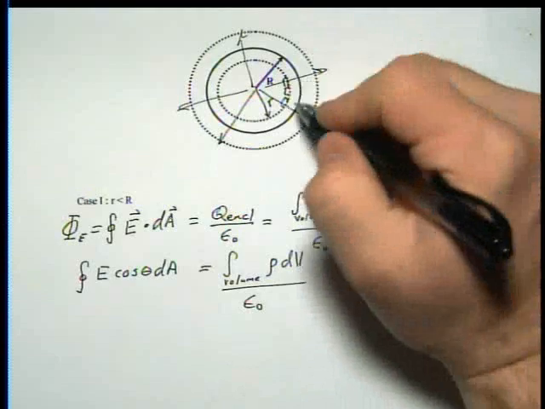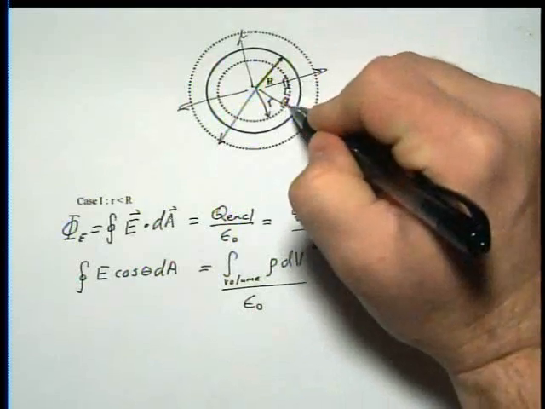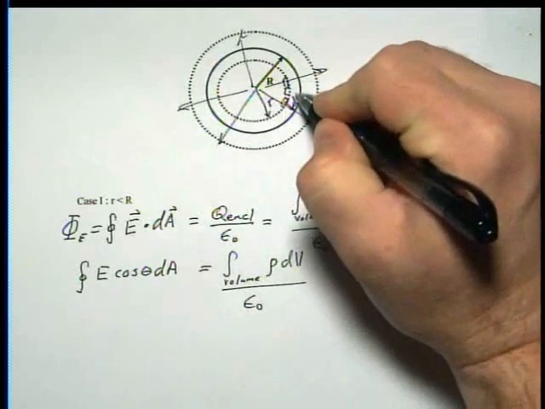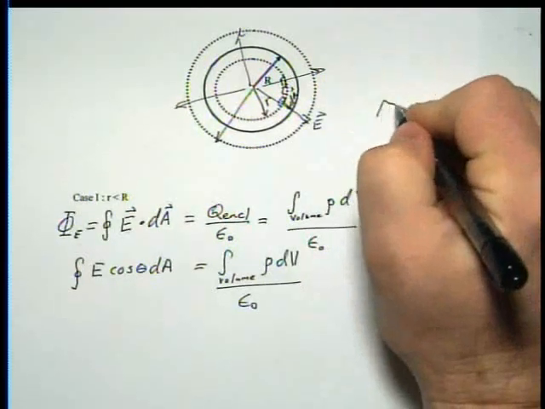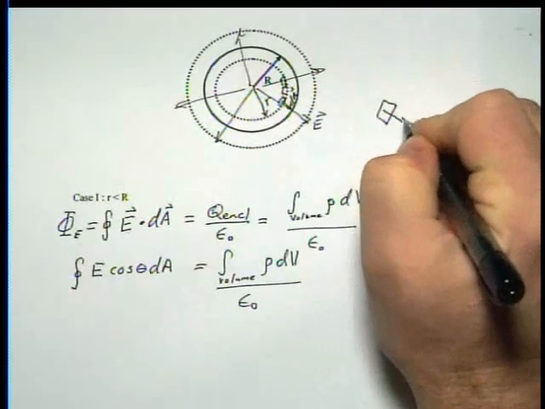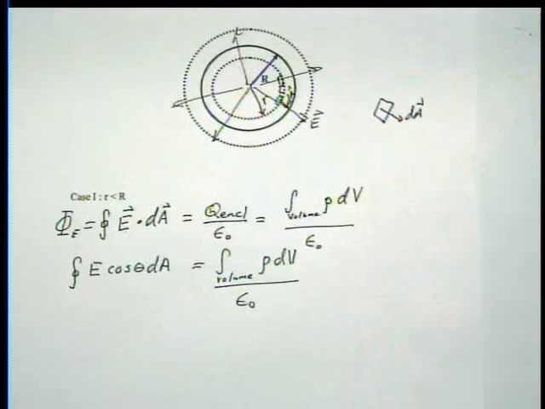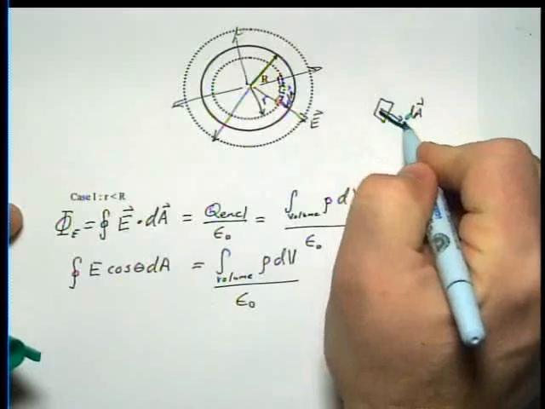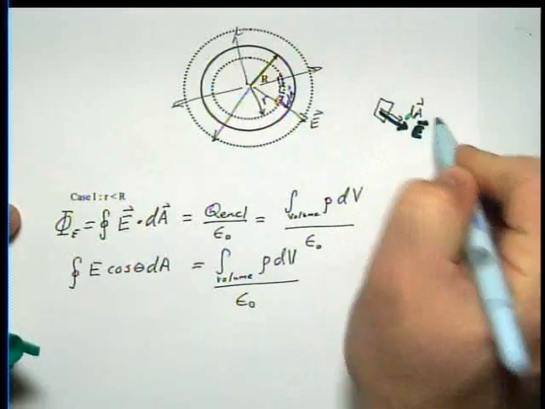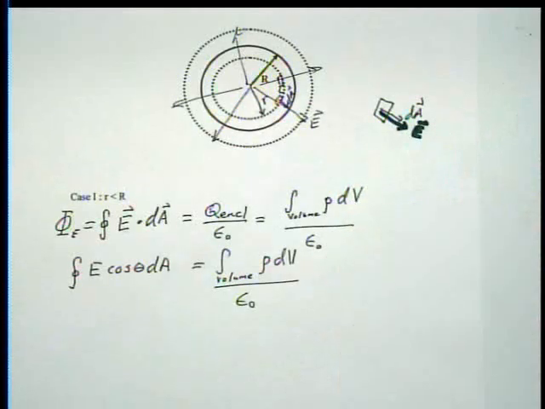Another thing I need is that on each one of those, there's a differential area dA. So let me draw to the side. There's some little dA like that. And there's some E. There's a cosine of an angle between those two.